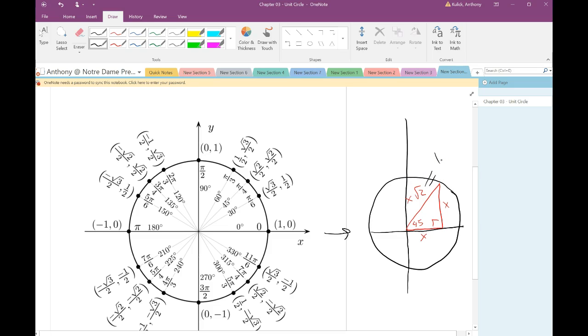So x over the square root of 2 is 1. That implies that the value for x has to be 1 over the square root of 2, because 1 over the square root of 2 times the square root of 2 is 1. Everybody's okay with that? Just like 1/2 times 2 is 1. So this is 1 over the square root of 2, and this is 1 over the square root of 2.